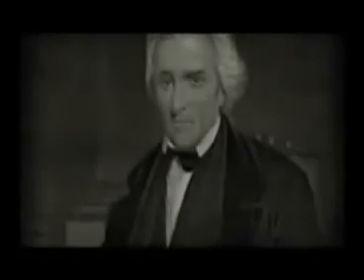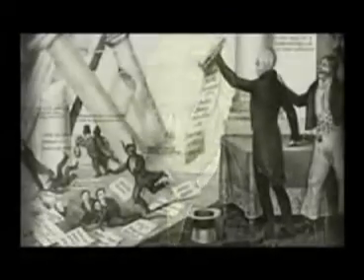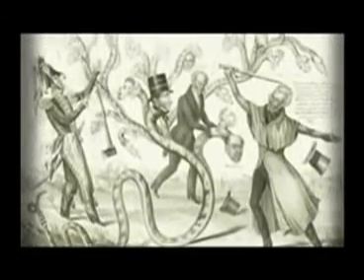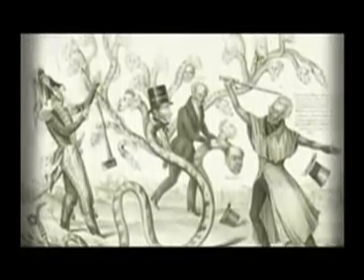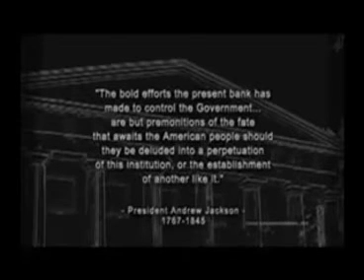In fact, the last time in American history the national debt was completely paid off was in 1835 after President Andrew Jackson shut down the central bank that preceded the Federal Reserve. In fact, Jackson's entire political platform essentially revolved around his commitment to shut down the central bank, stating at one point, "The bold efforts the present bank has made to control the government are but premonitions of the fate that awaits the American people should they be deluded into a perpetuation of this institution or the establishment of another like it."